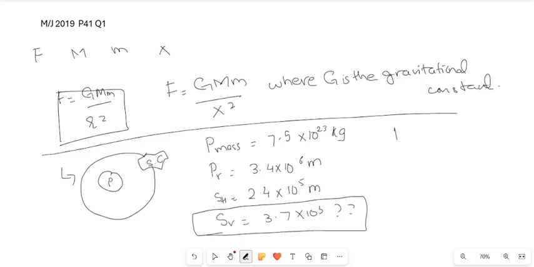We just write that, v squared equals GM over x, right? Now v squared we have to find. G is 6.67 into 10 raised to the power minus 11, multiplied by the mass, which is given as 7.5 into 10 raised to the power 23.